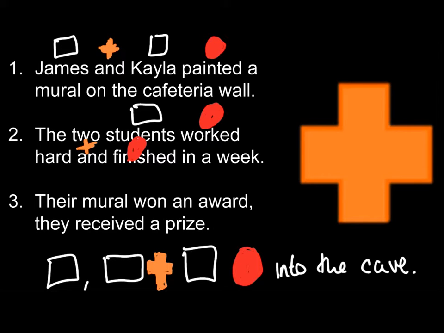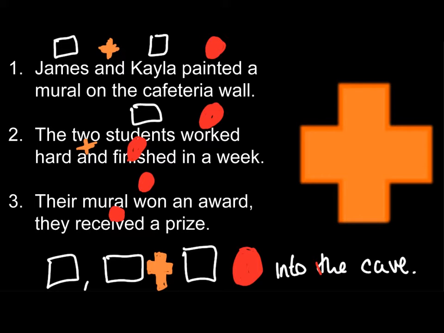Okay, last one. Their mural won an award. They received a prize. What happened? They won an award, so won. They received a prize. They received something. There's two verbs in that sentence. Okay, their mural won an award. Who or what won?